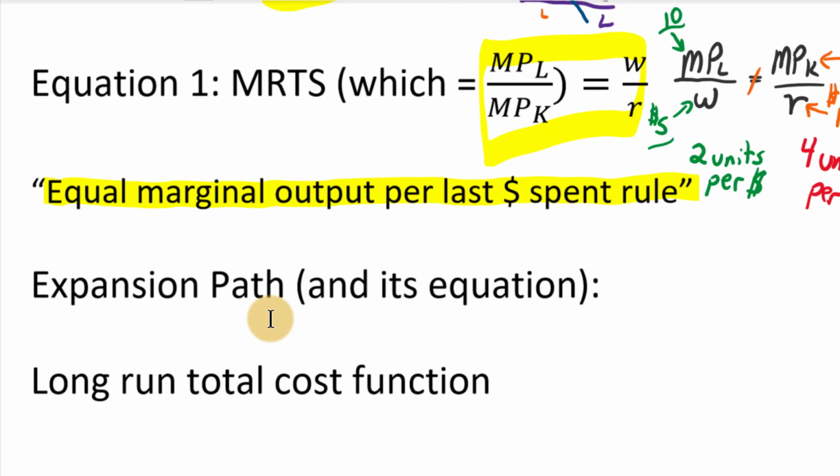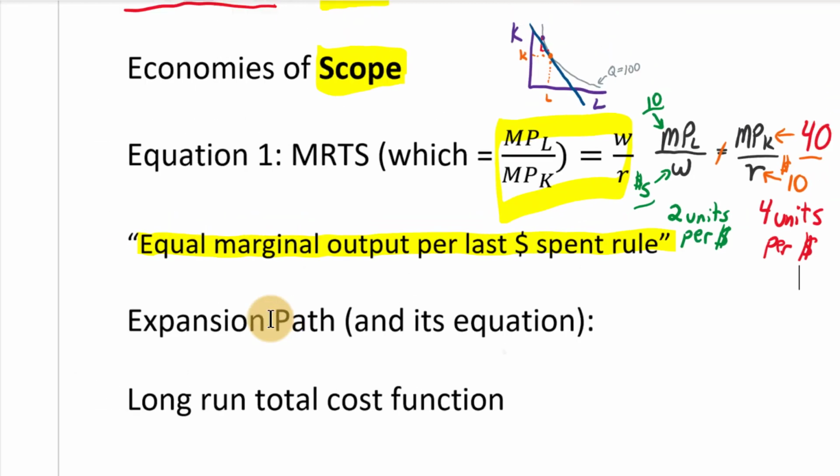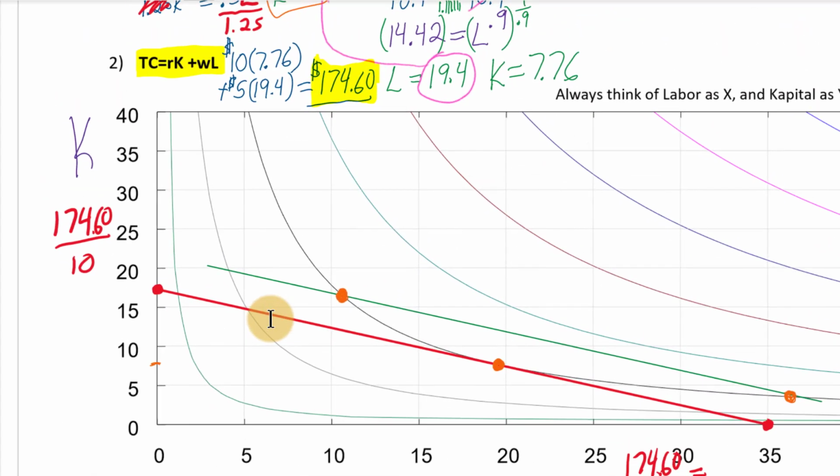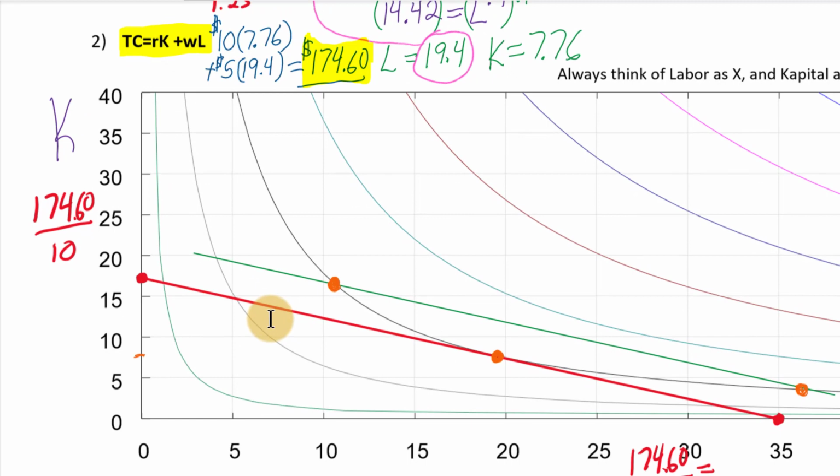So if we were to draw a graph where we're expanding output and we want to know the optimal combinations of labor and capital, what would that actually look like? Let's go back up to our graph that we looked at in the last video. Let me erase this green one here.